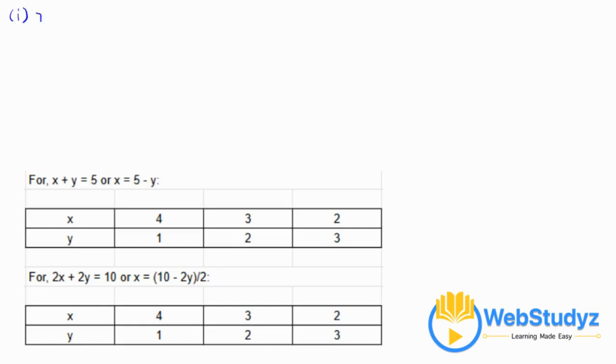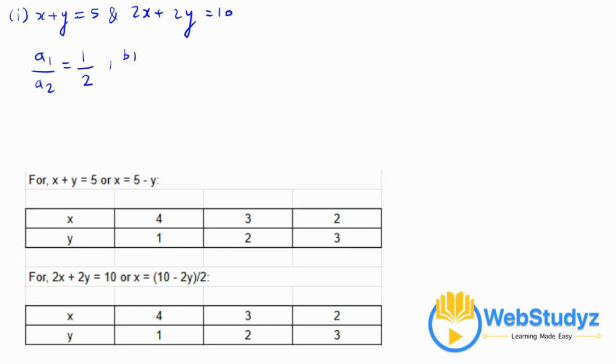In the first we have x plus y equals 5 and 2x plus 2y equals 10. By comparison, we can calculate the value of a1 by a2. Here a1 is 1 and a2 is 2.